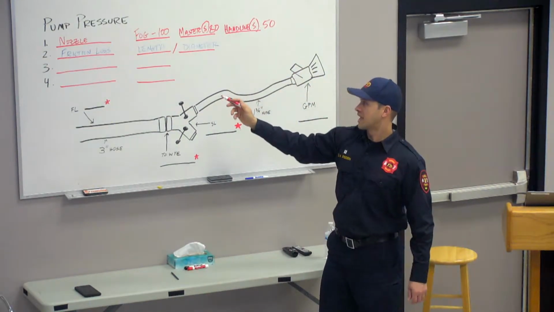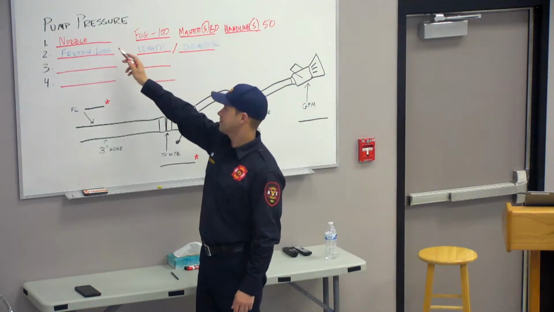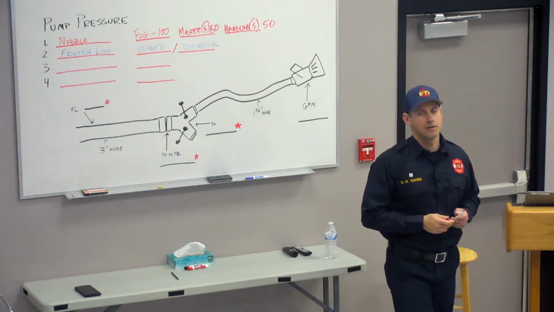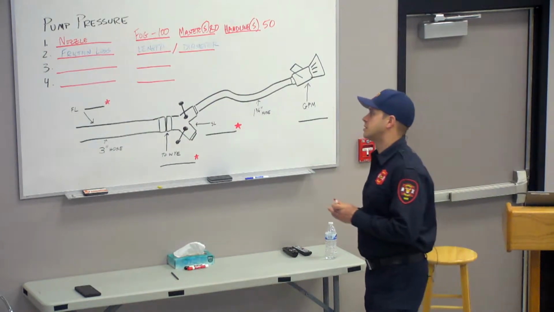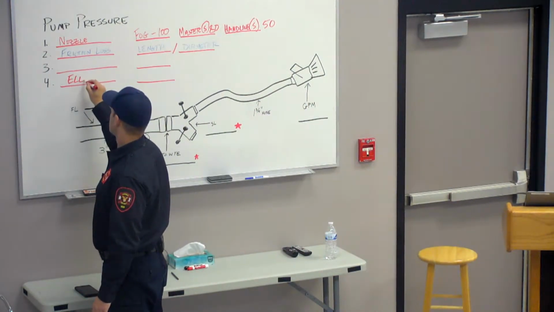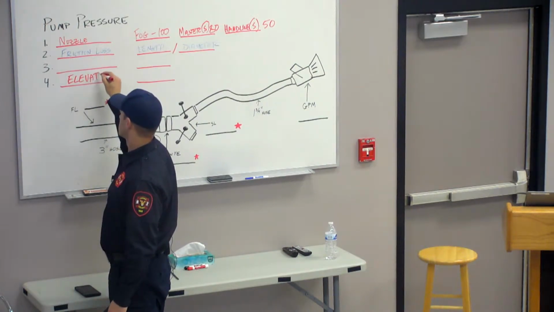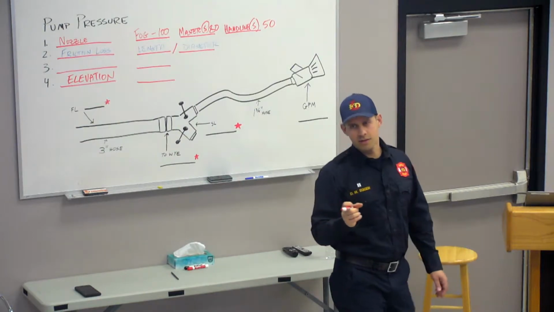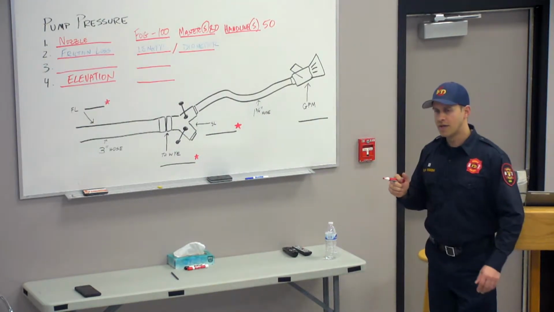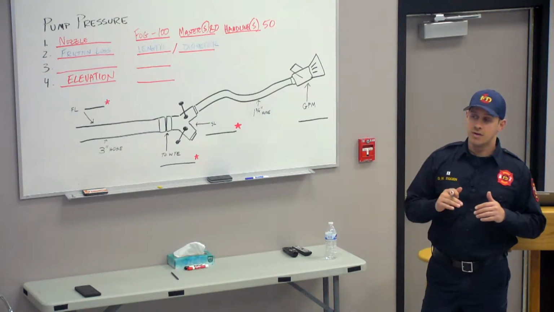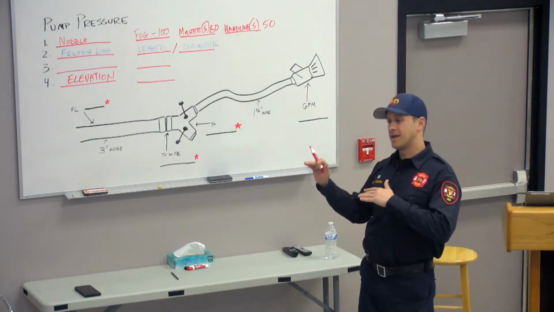All right, so we got our nozzle, our friction loss, two more. Elevation. So what is our consideration for elevation? Gravity, yes, that's correct. But again, I'm going to reference back to the fact that we don't use a lot of these calculations that you find in the book.